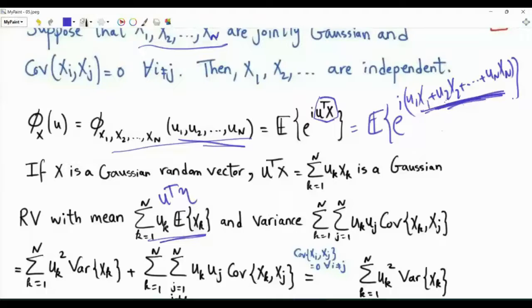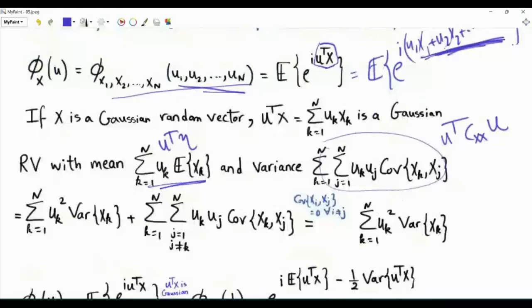And the variance is the quadratic form, this double sum, summation k from 1 to n, summation j from 1 to n. Then you have uk, uj, and then the covariance. So remember, this is the thing that we can write as a quadratic form, u transpose c, x, x, and u. This double sum here can be written as two terms.